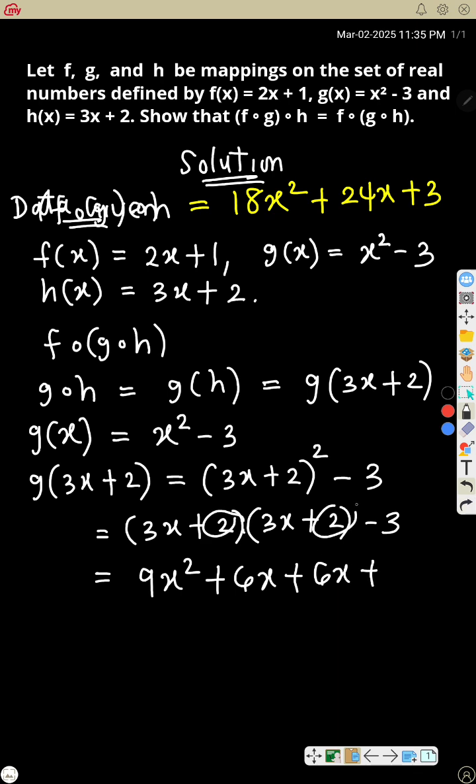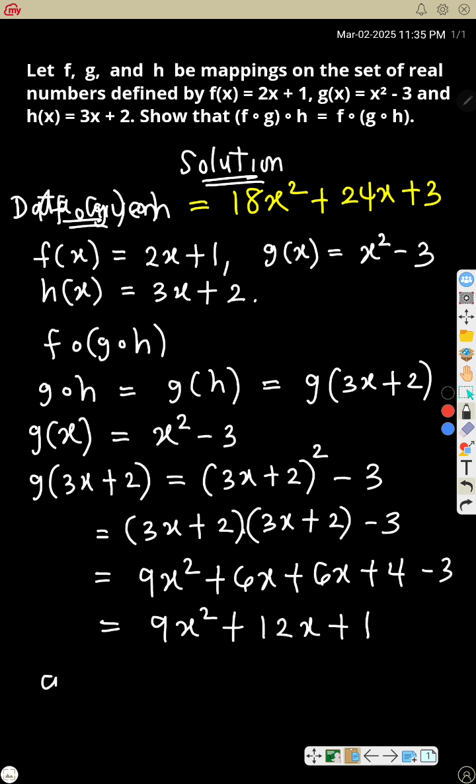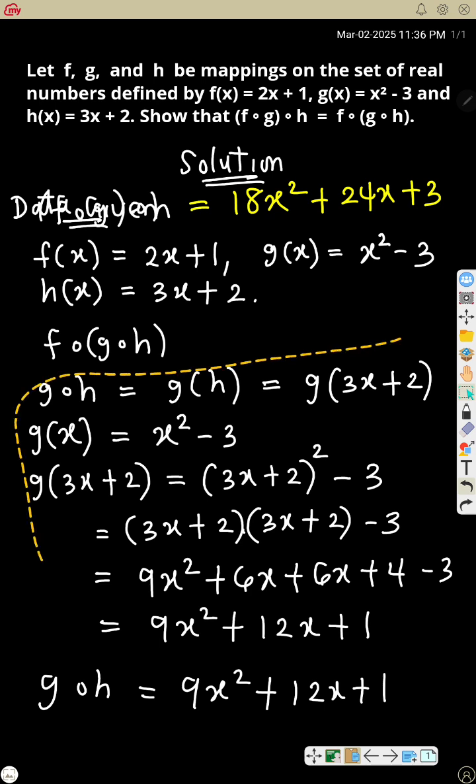Plus 2 times 2, that is 4. Then minus 3. So this is 9s squared plus 12s plus 1. So that is g of h: 9s squared plus 12s plus 1.